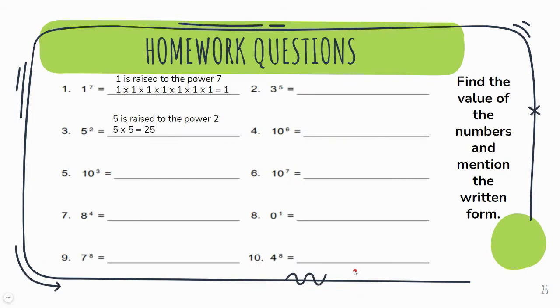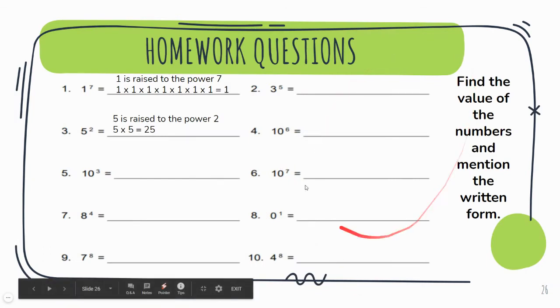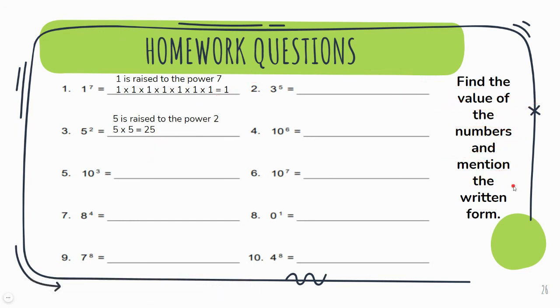Now here are your homework questions. What you have to do is find the value of the numbers and mention the written form. Here you can see 1 into 1 into 1, I have multiplied it 7 times because my question says 1 is raised to the power 7, and that becomes my written form.